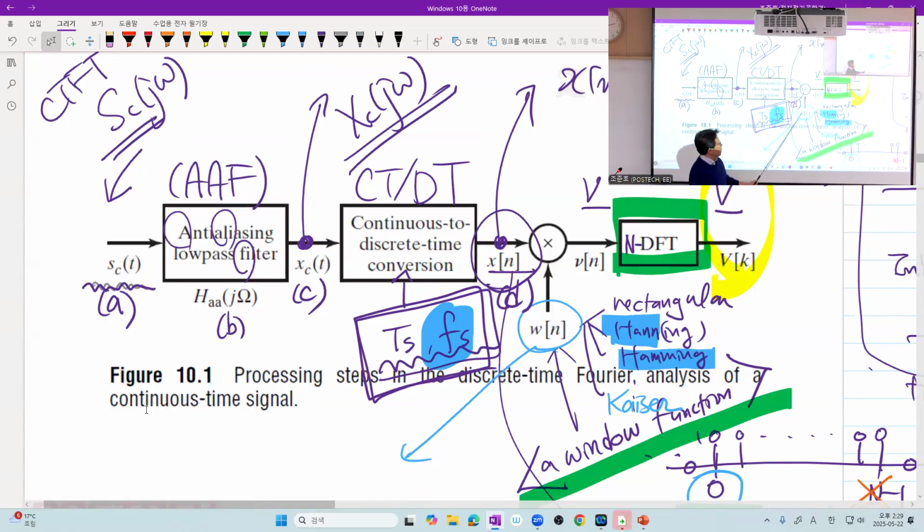So unless this has a delta function in the frequency domain, you have a kind of blurring effect of the input's DTFT because you have to convolve, right?